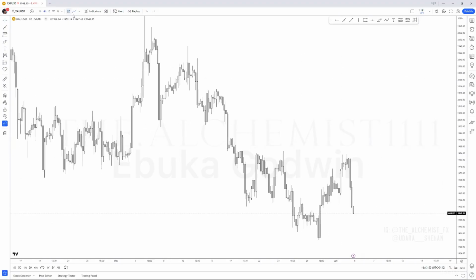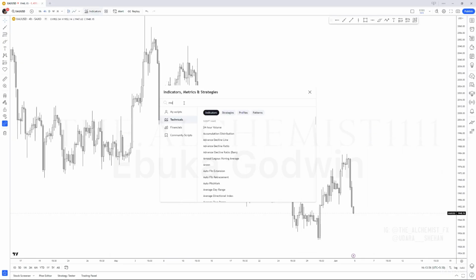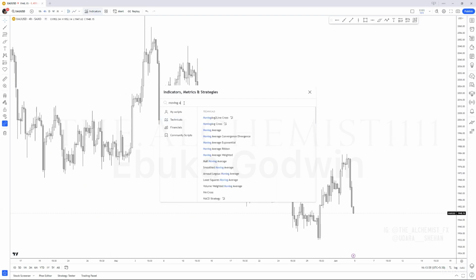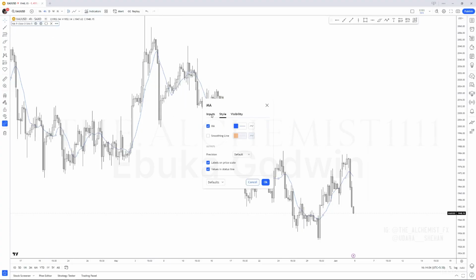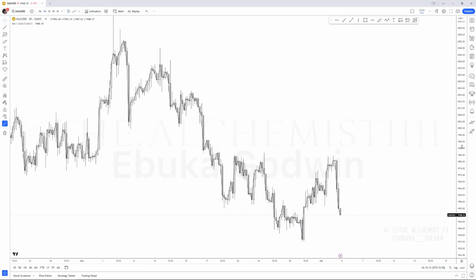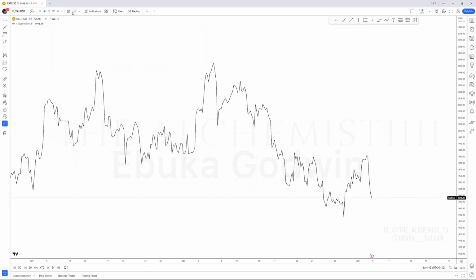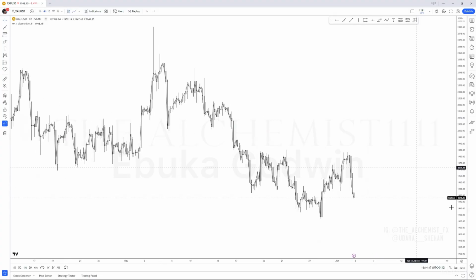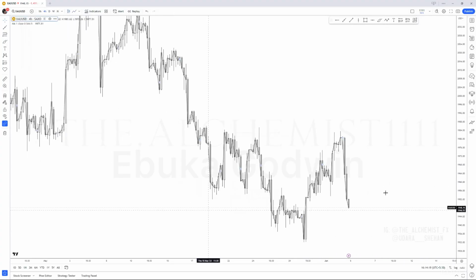And also, if you don't want to switch back and forth from candlesticks to line chart, what you could do is go to indicators and, you might know this already, take the moving average and set its length to 1. And there you go. You have the line chart on the candlestick chart itself, so you don't have to go back and forth. You have the line chart and the candlestick both together.